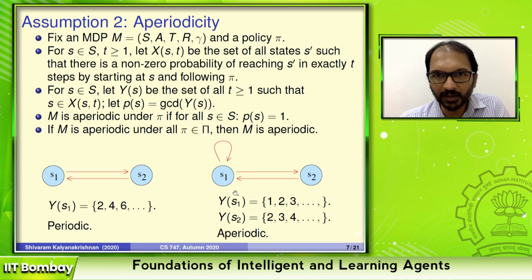So again, you can see these two MDPs. In fact, these are MDPs with just one action. Or you can think of this as an MDP in which the policy got fixed, and therefore you only see the arrows corresponding to that policy. But if you look at the one on the left, imagine that you started at state S1 the first time step, then you're going to be in S2 the next time step, and then 2 steps later you will be in S1.